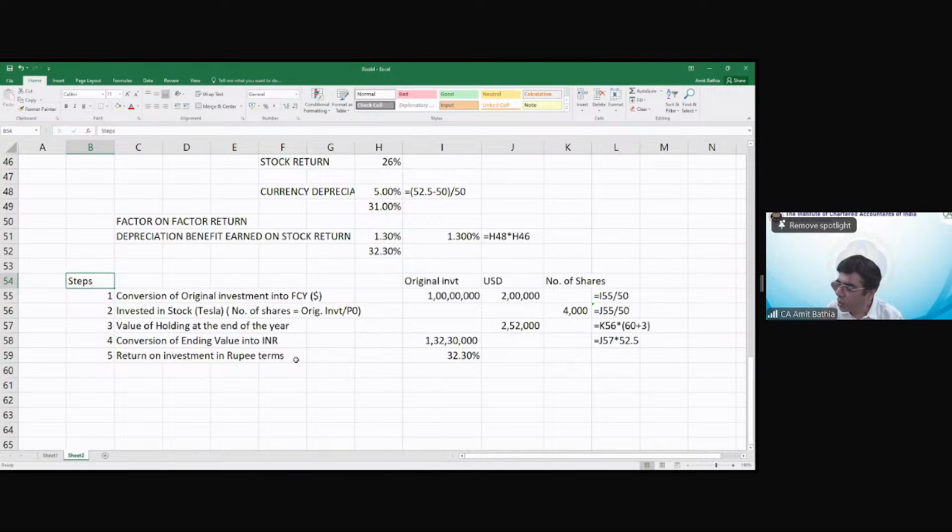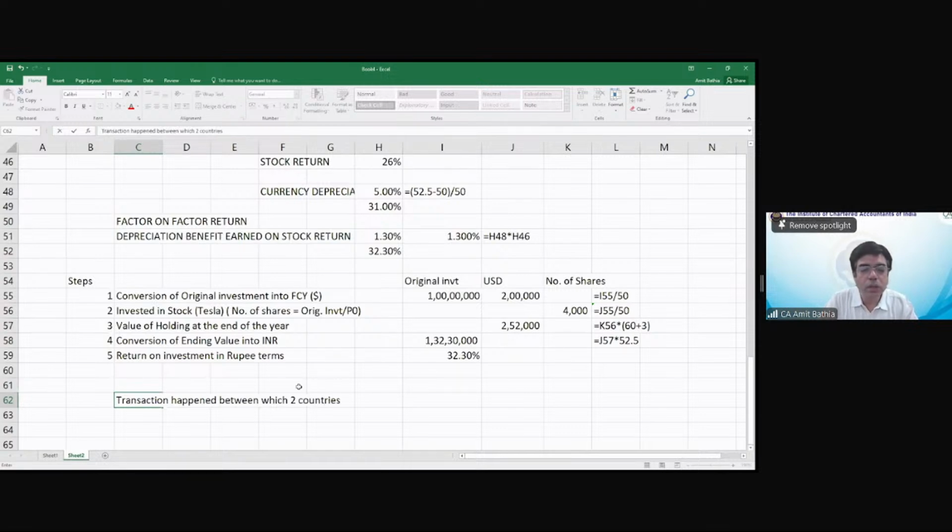Now there are certain questions which I would like to raise over here, right? Which are the two countries between which the foreign currency transaction happened? Transaction happened between which two countries?